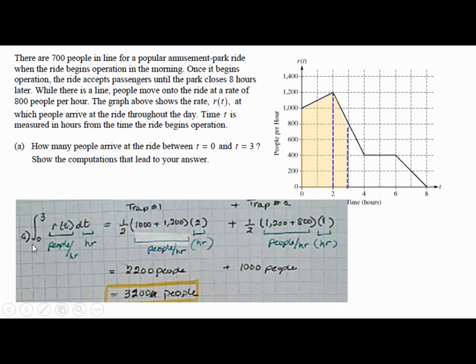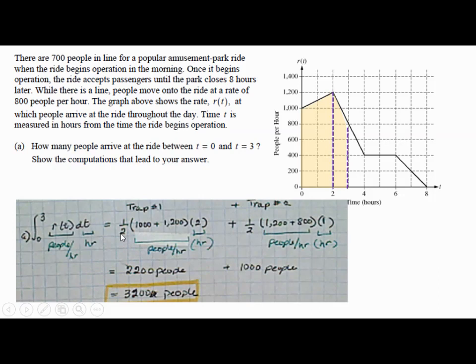And so that's what I've done here. I found the integral from 0 to 3 of R of t, which is people per hour, times dt, which is hours. What I did is I divided it up into two trapezoids. You can divide it up in lots of other ways if you'd like. You could do a rectangle with a triangle here and another rectangle with a triangle up at the top. But I did two trapezoids.